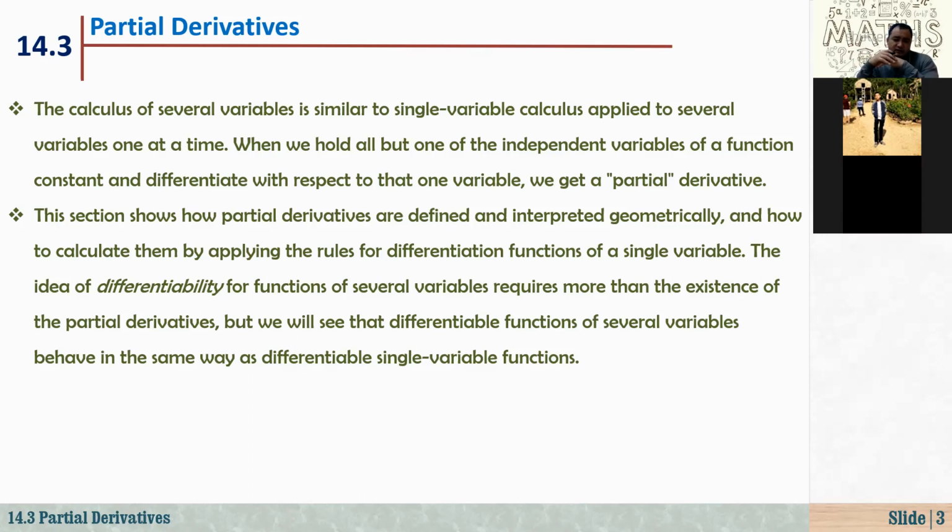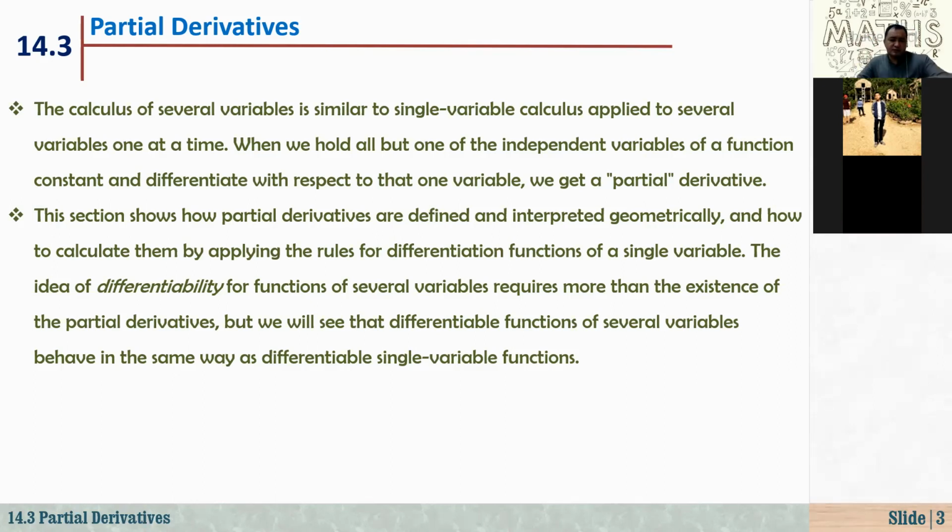The only difference is that you have to keep in mind we are dealing with functions of several variables, so more variables are involved. For example, if you're given a function of two variables, x and y, what do we mean by differentiating with respect to x or y? If you differentiate with respect to x, we hold y constant; you're just treating y as a constant.